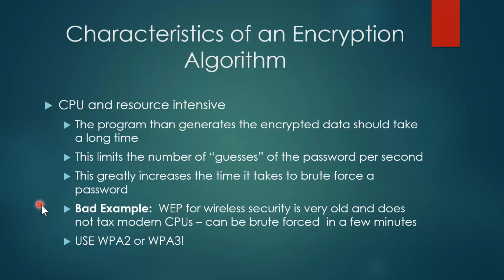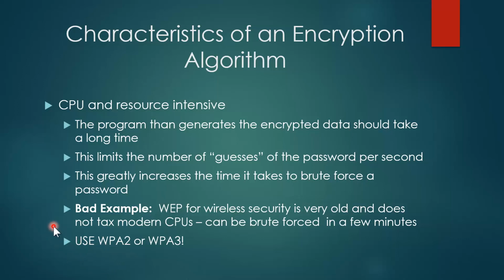So examples of bad encryption: WEP for your wireless connection to your wireless access point. It was developed so long ago that CPUs had the speed of about 33 megahertz and didn't really have floating point abilities to speak of. Nowadays, a modern CPU can crack WEP encryption in about 15 minutes.